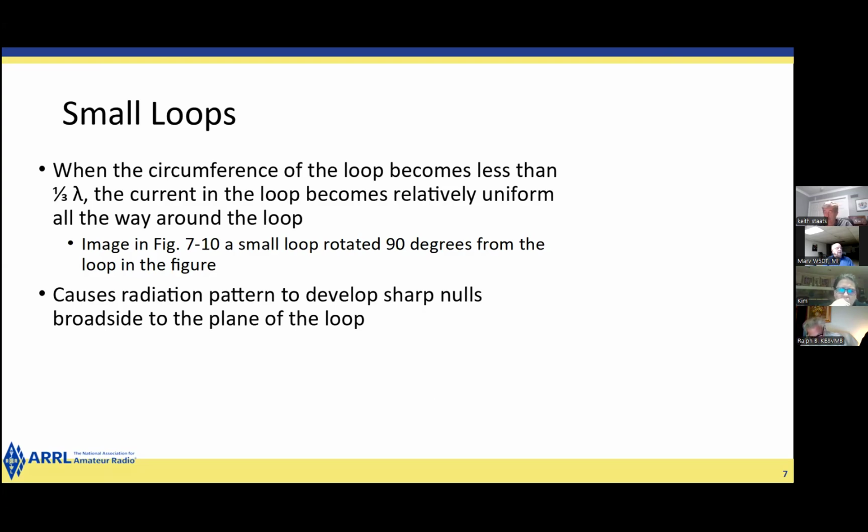You can see how that works. It causes the radiation patterns to develop sharp nulls broadside to the plane of the loop.